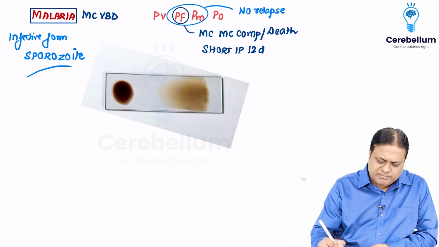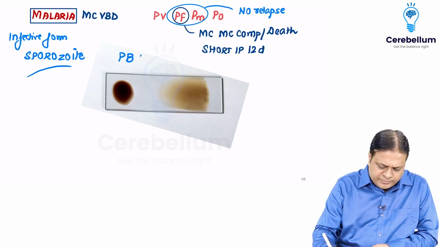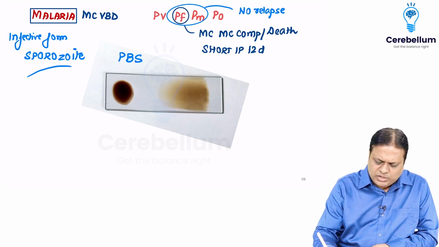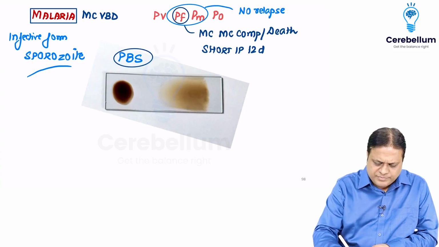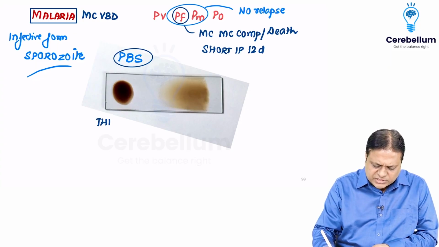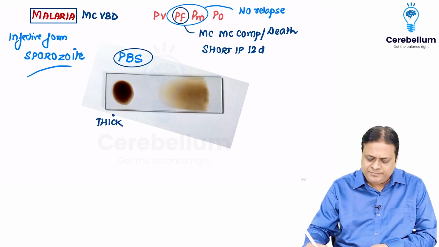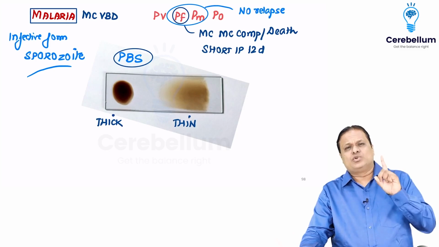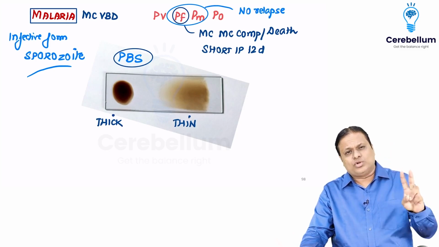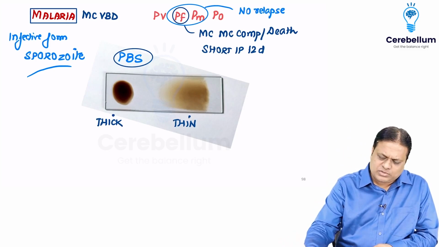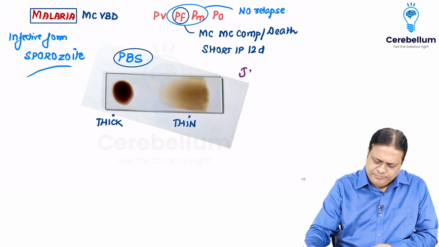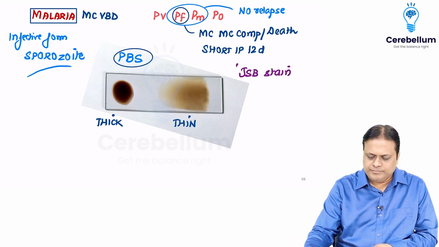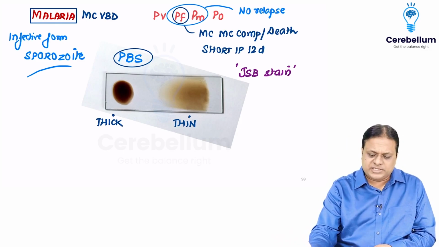Diagnosis classically is done by peripheral blood smear, where we make 2 types of smears. The thick smear on the left side of the same slide and thin smear on the right side of the same slide. So one slide, 2 smears both on the same side, and we use staining procedure JSB, Jaswant Singh Bhattacharya stain.